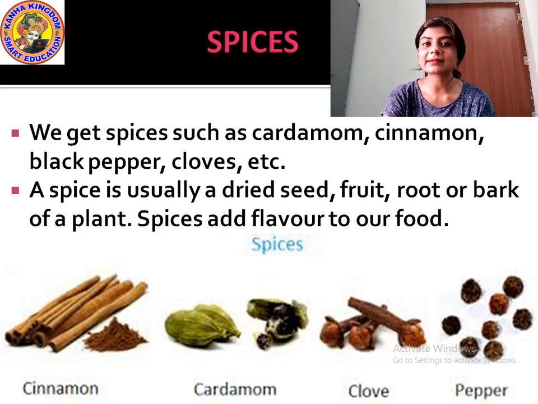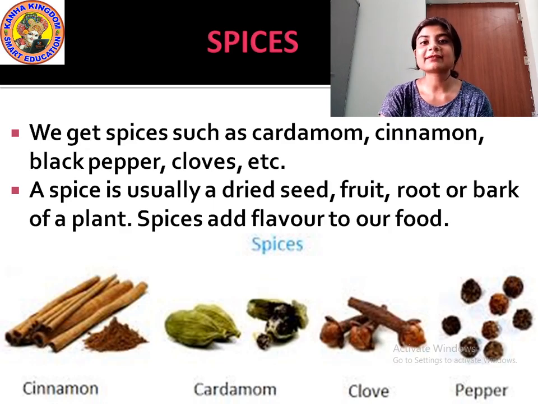And these spices are usually the dried seed, fruit, root or bark that is used to add flavor to our food, so that our food becomes very tasty and delicious. That is why we add spices in our food, and these spices are also obtained from plants.